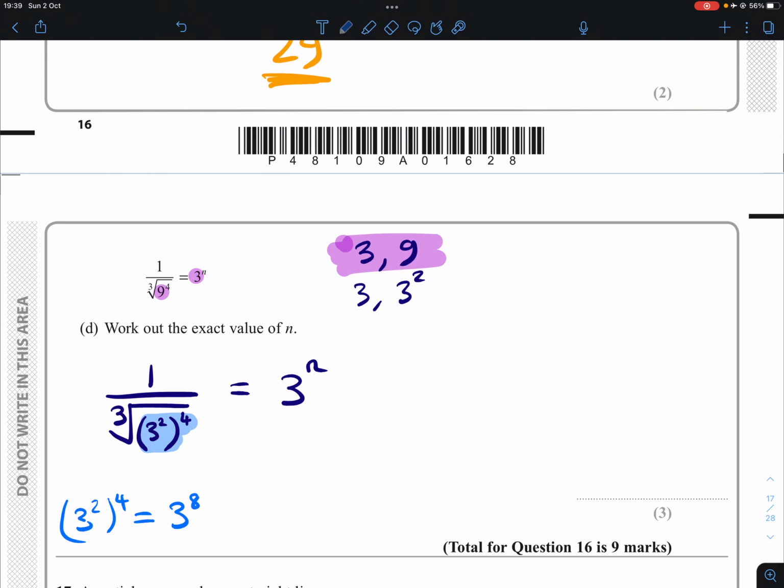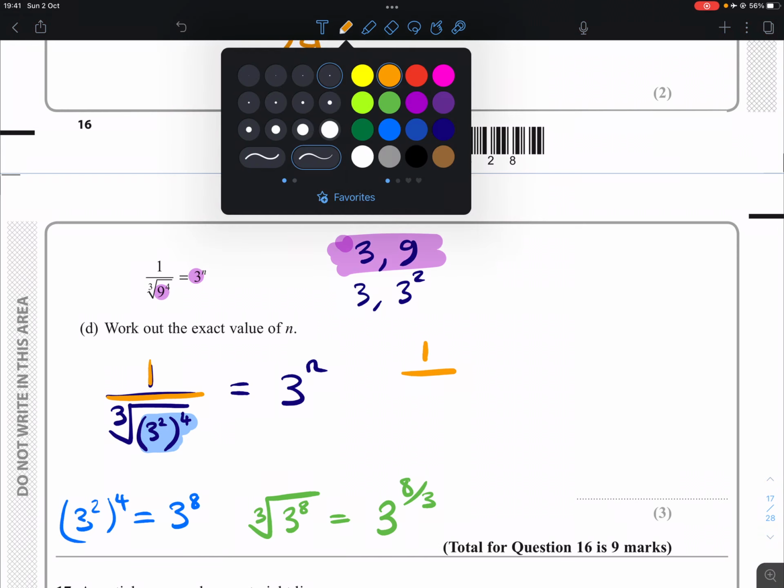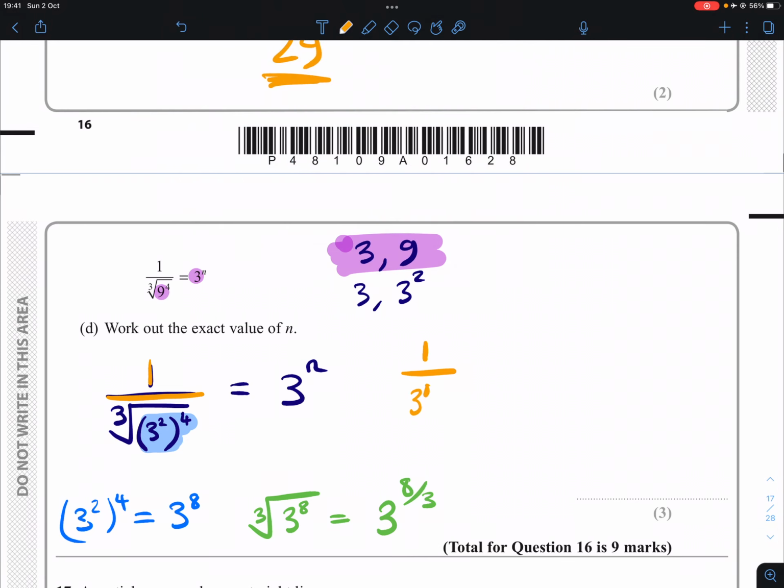We then have this cube root. When we cube root something to a power, that ends up giving us a fractional power. So when we have the cube root of 3 to the power of 8, that's going to become 3 to the power of 8/3. All of that is on the bottom of a fraction. We have this 1 over 3 to the power of 8/3. And technically, we want this left-hand side to look like what we have on the right-hand side.